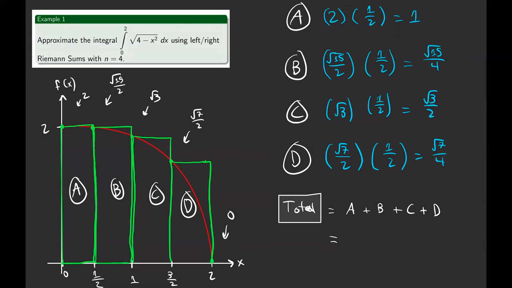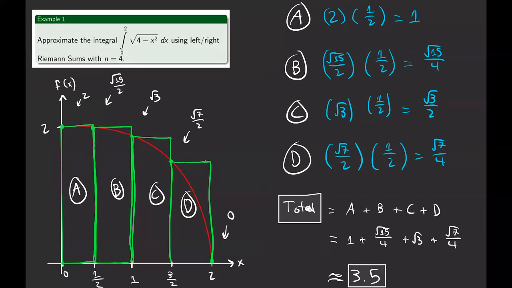So now, just to get the total area, I'm just going to add them all up. I'm just going to take 1 plus root 15 over 4 plus root 3 over 2 plus root 7 over 4. And if you were to actually, you'd probably have a calculator. If you do all this, you get approximately 3.5. And that's our answer right there.